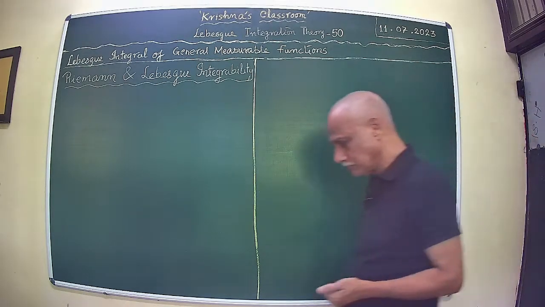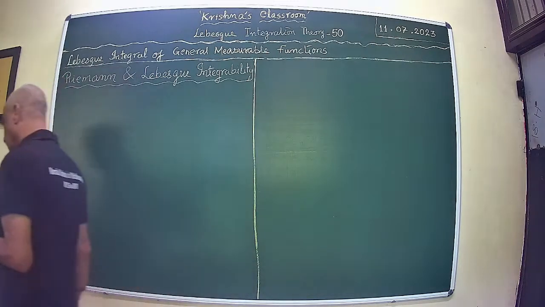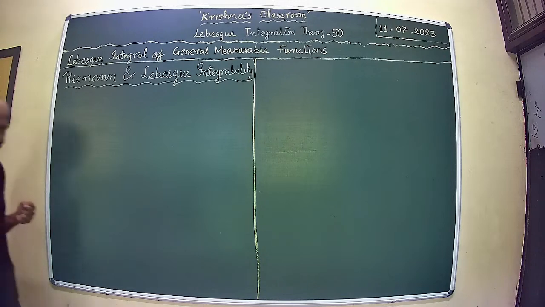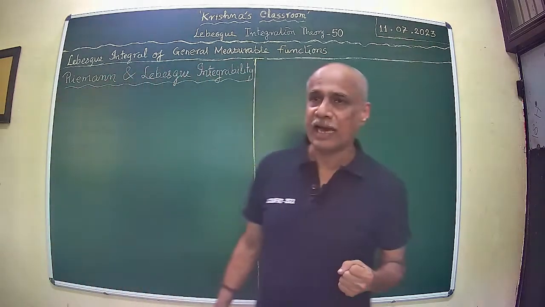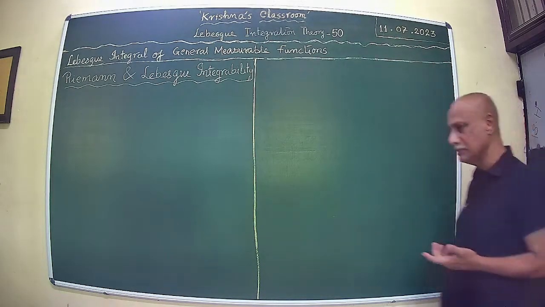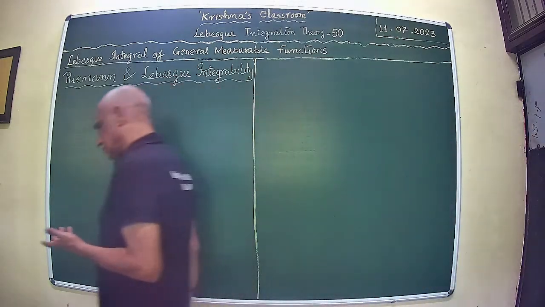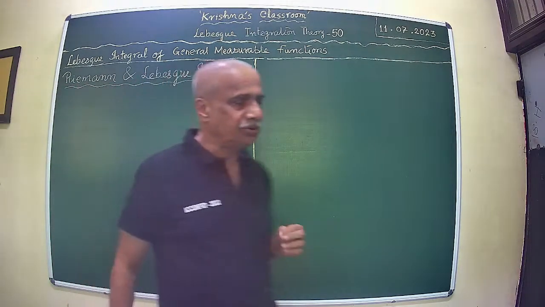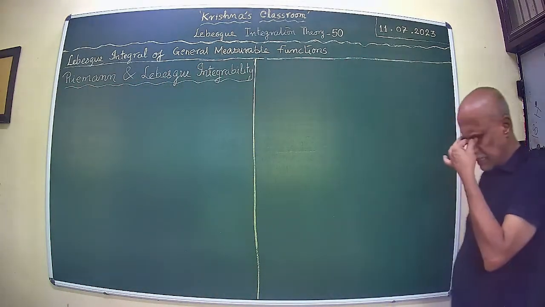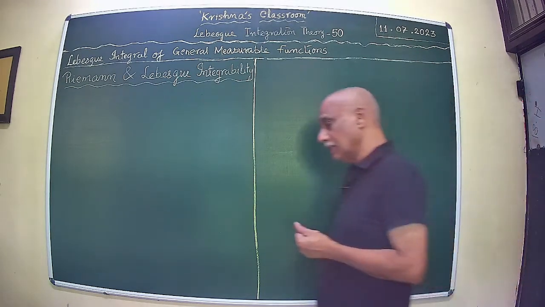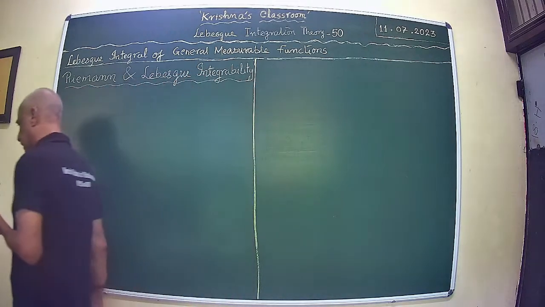We introduced or extended the concept of length to a larger class of subsets of the domain, and we identified the so-called measurable sets. At that stage we identified that if you are working on intervals, then the Lebesgue measure is essentially the length of the interval.